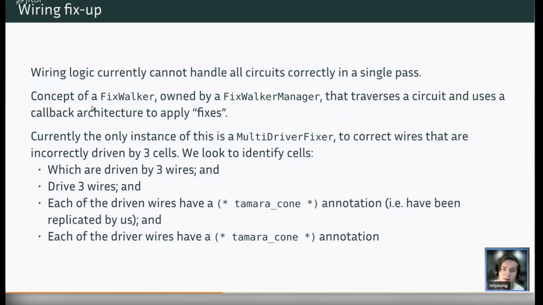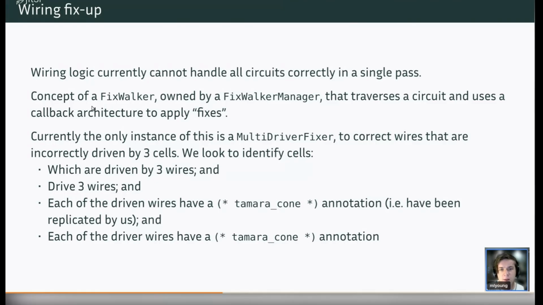And the goal of that is this thing called a multi-driver fixer that tries to fix cases where cells are driven by two or more wires at a time. So we try to look for cells that are driven by 3 wires, themselves drive 3 wires, and each of them also have a TMR cone annotation, which I add when I go through the backwards BFS and attach voters and stuff to it.